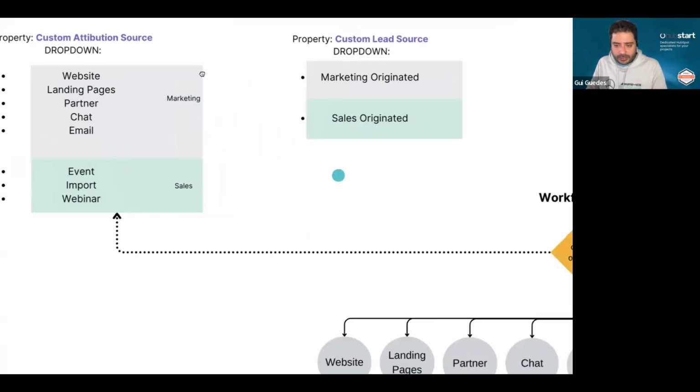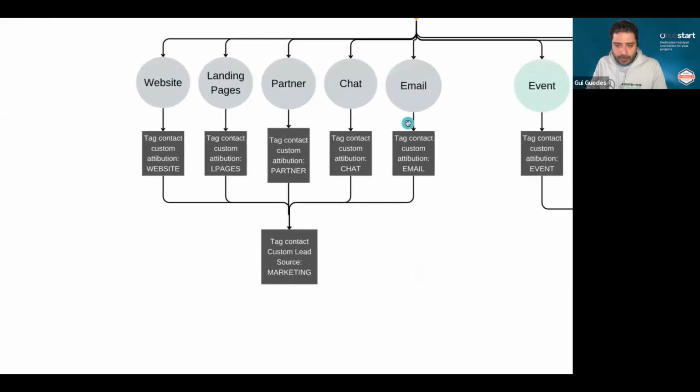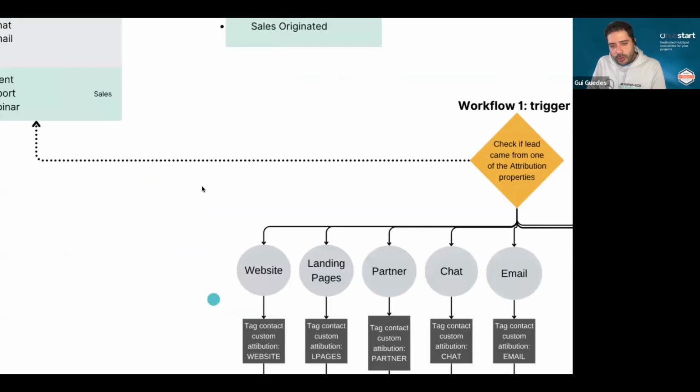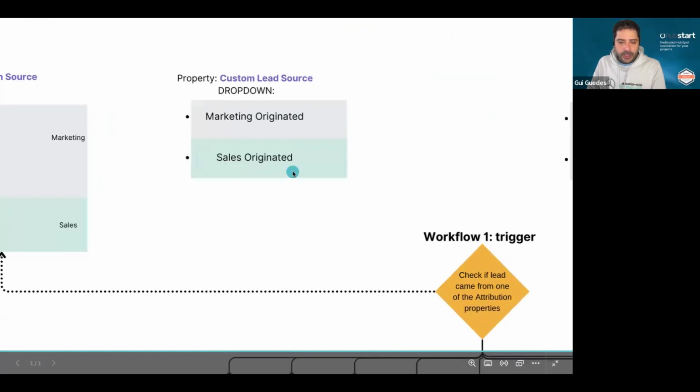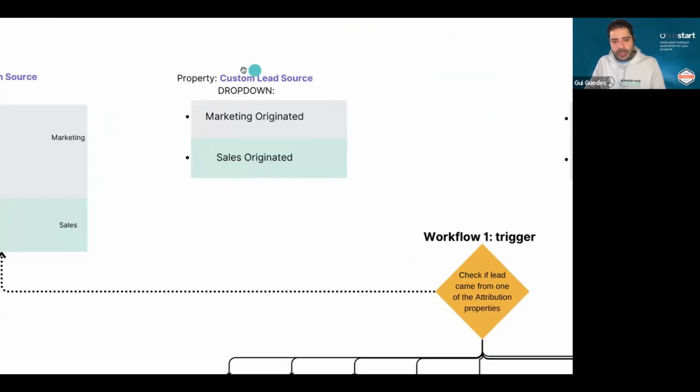After that, in the same workflow, group the channels you want to group for your own efforts. So let's say for our business, everybody that comes from these particular touch points are marketing effort generated leads. So that's when you use the second property we created, which we're calling now custom lead source.